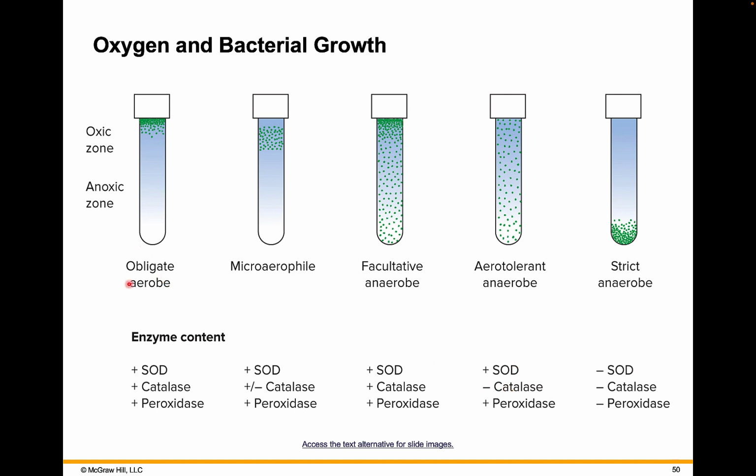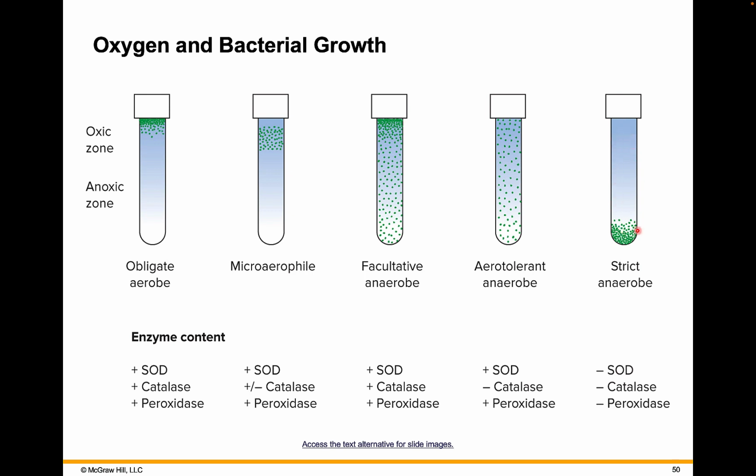So you can see that all of these, which can grow in the presence of oxygen, must have SOD and either catalase or peroxidase, at least one of them. They may have both, but at least one. On the other hand, the strict anaerobes do not have any SOD, catalase, or peroxidase, so they do not have any detoxifying enzyme.